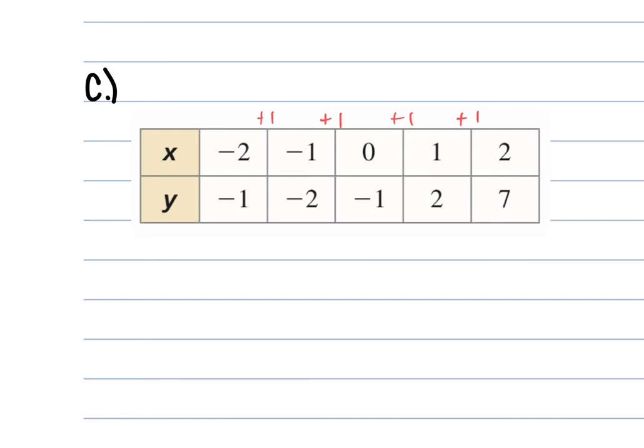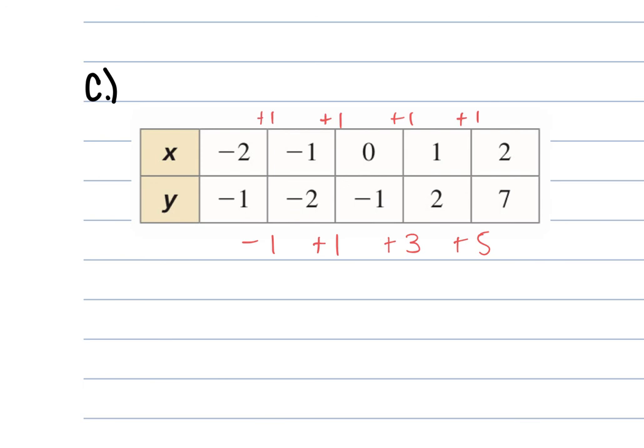So how do you go from -1 to -2? -1. How do you go from -2 to +1? +1. How do you go from +1 to +2? You add 3. How do you go from 2 to 7? You add 5. Okay? Now, watch carefully.